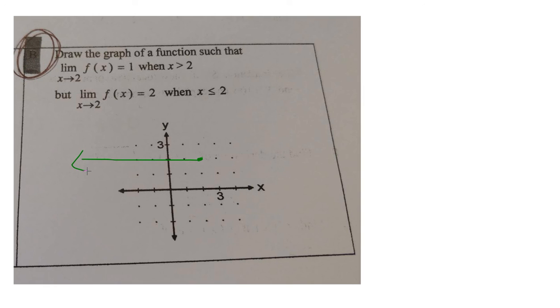When I come from the right, my intended height is 1, but the value is greater than 2, or 2 is not included, so there I go. We could have simplified it way down. Still works. All you need to know: closed circle, approaching 2 from the left at y equals 2, open circle, approaching 2 from the right at y equals 1.